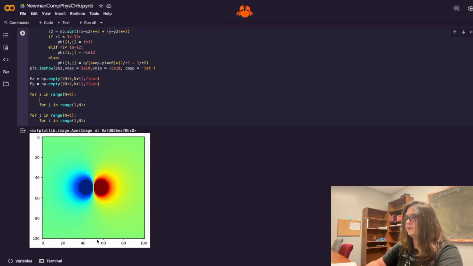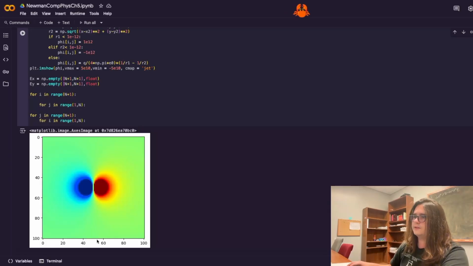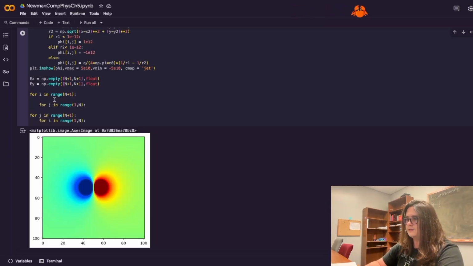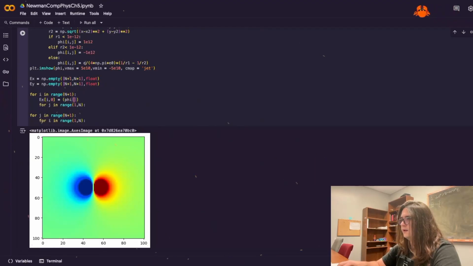So instead you want to do non-centered differences on the edge marks, and you want to do those right here. So Ex indexed i comma 0 will be calculated with an off-centered difference derivative. So this is going to be phi i comma 0 minus phi i comma 1 over a.